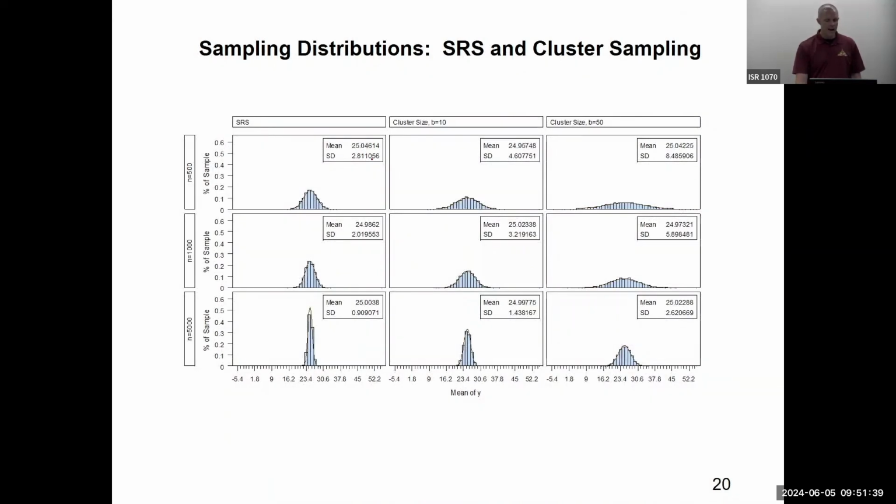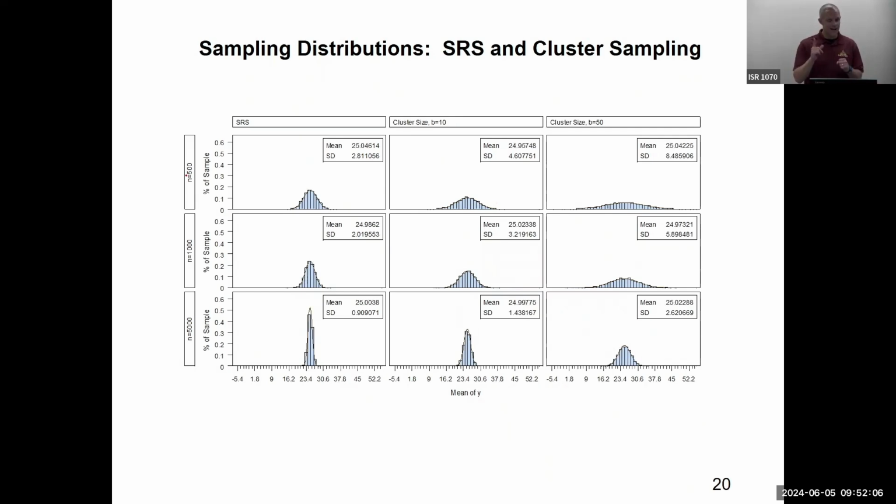As we introduce cluster sampling with more clusters, look what happens to the distribution. It spreads out, becomes wider, becomes fatter, however you want to refer to it. But the standard deviation of the estimates goes from 2.8 to 4.6. Same sample size. Cluster sampling is making our estimates more variable.